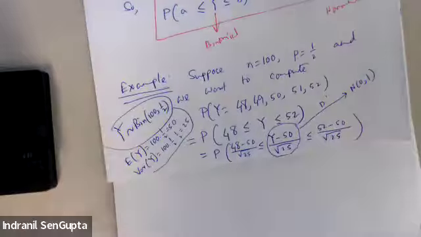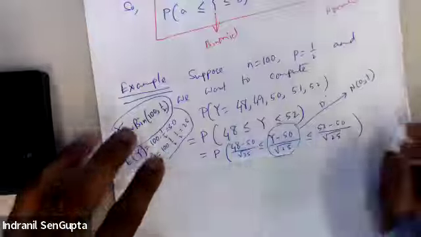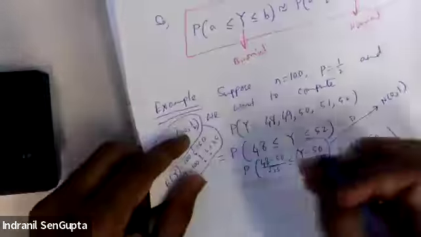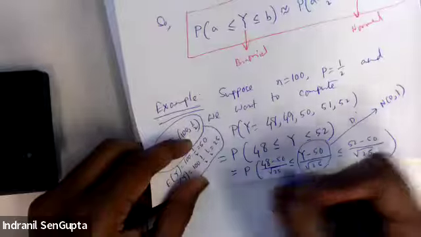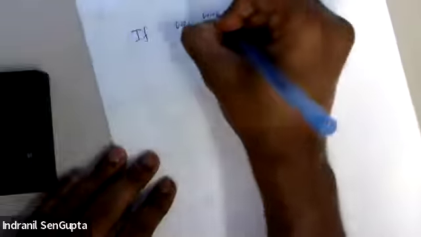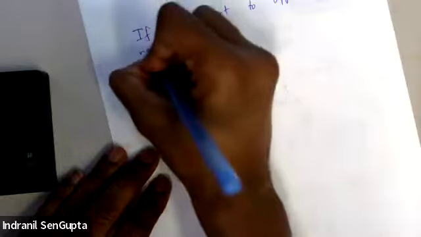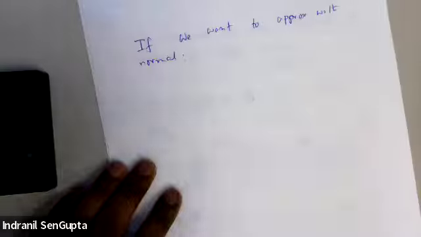Now, if I consider this approximation, I have to change the limits. Let's change the limits. If we want to use the continuity approximation, to approximate with the normal, then what we'll do is the following.